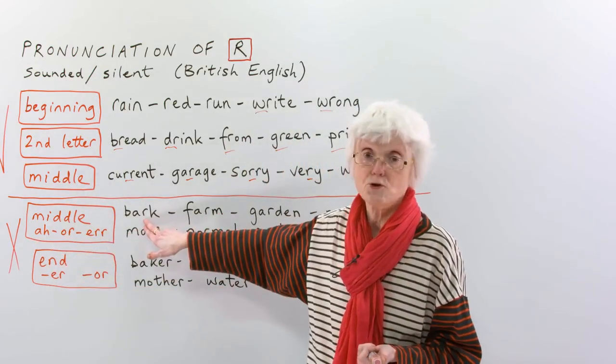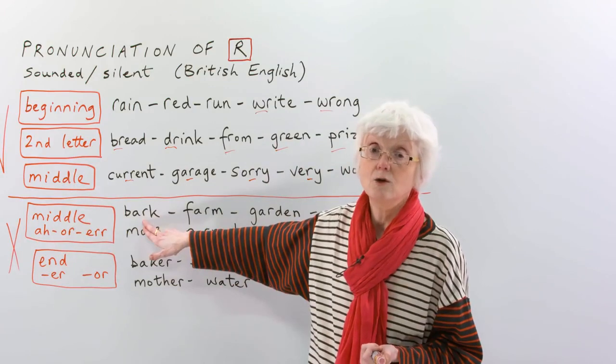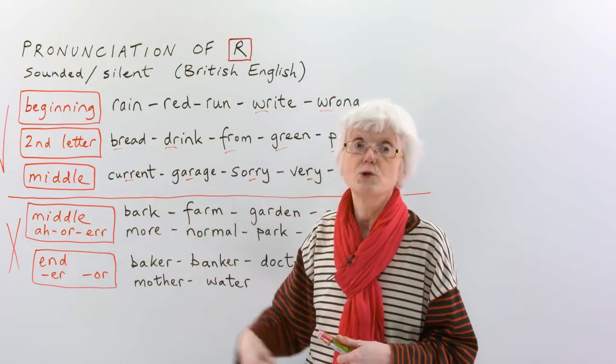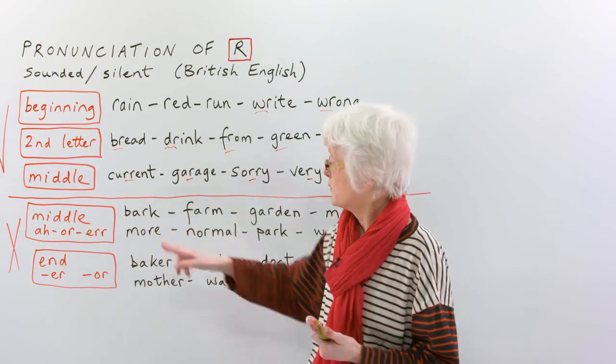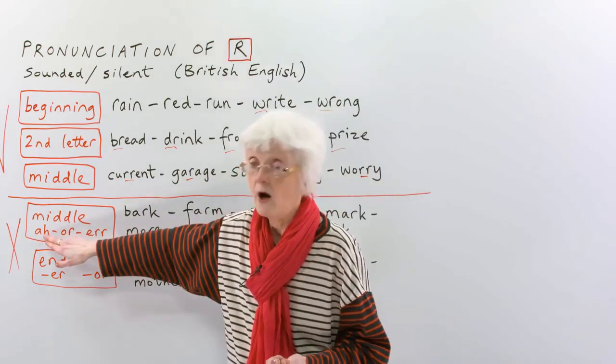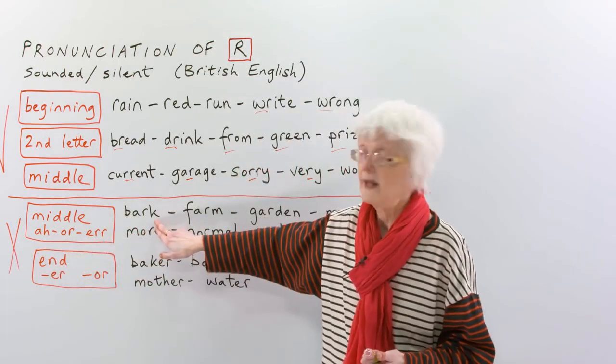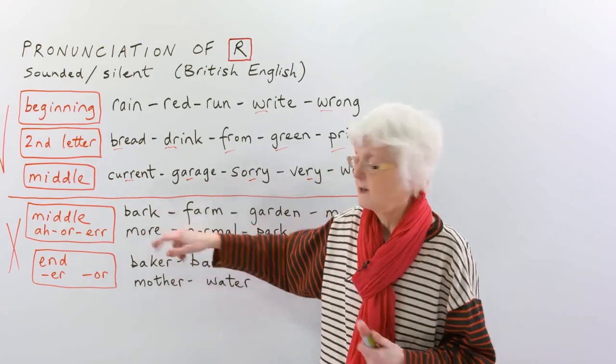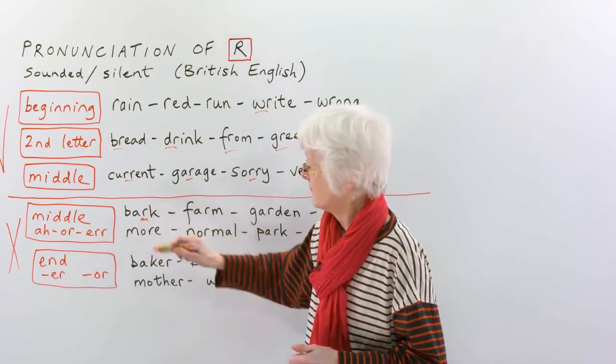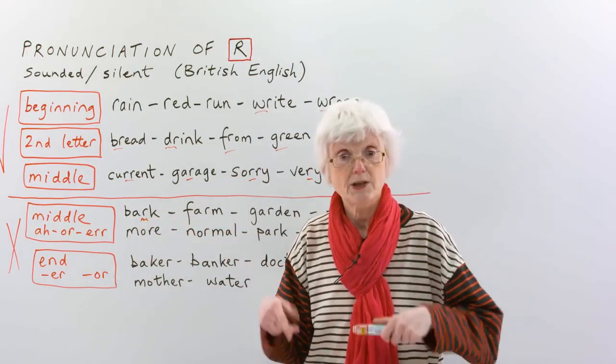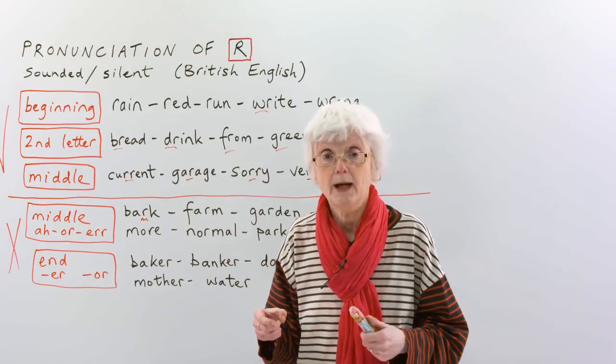And we don't even try to do an R sound. It's just bark. So you've got the B and then an R sound and then the K sound at the end. So this R is not pronounced. It's just in the spelling, but it's not pronounced.